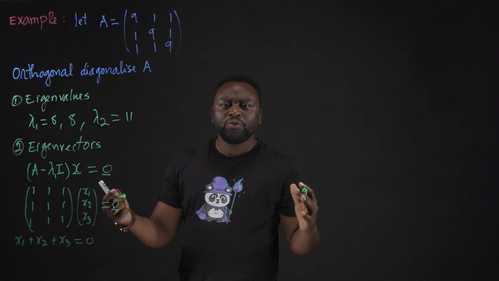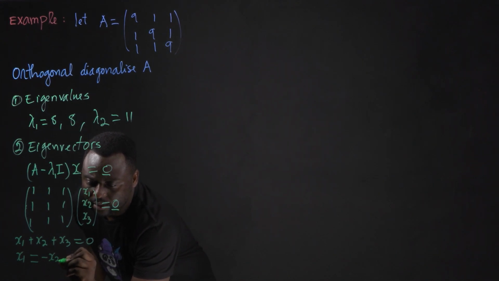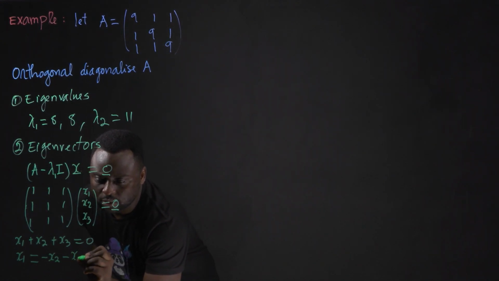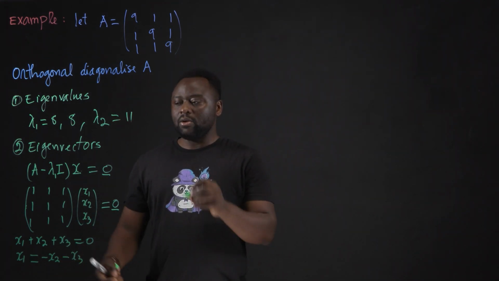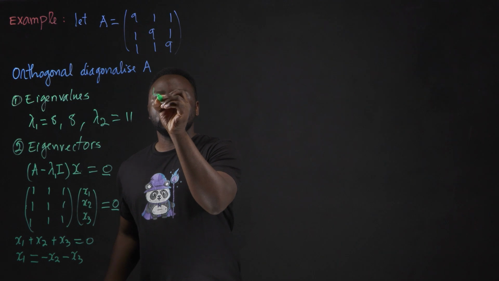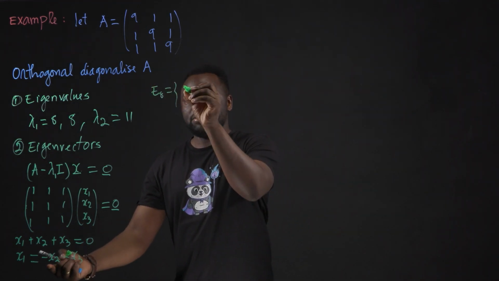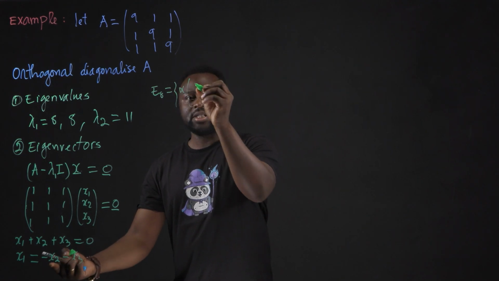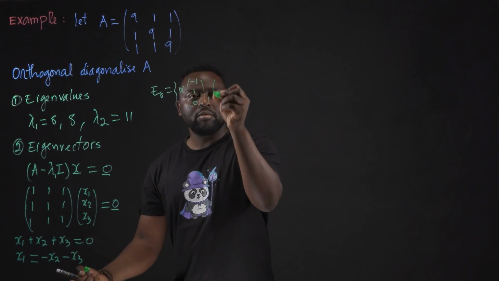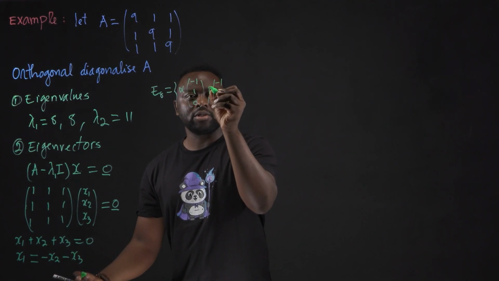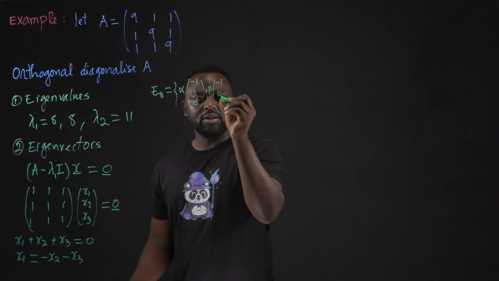You can solve this and you obtain x1 plus x2 plus x3 is equal to 0. If we fix the value of x1 and solve, x1 is minus x2 minus x3. From here, the eigenvector associated to 8 is x equals alpha times minus 1, 1, 0, plus beta times minus 1, 0, 1.